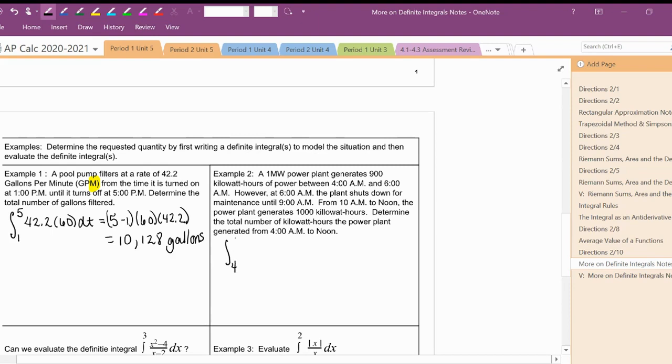We went 4 to 6 at 900 kilowatts per hour. Okay, we did nothing from 6 until 9. We don't have to write this one, but it's showing the Starbucks rule. And then we went from 9 to 10.